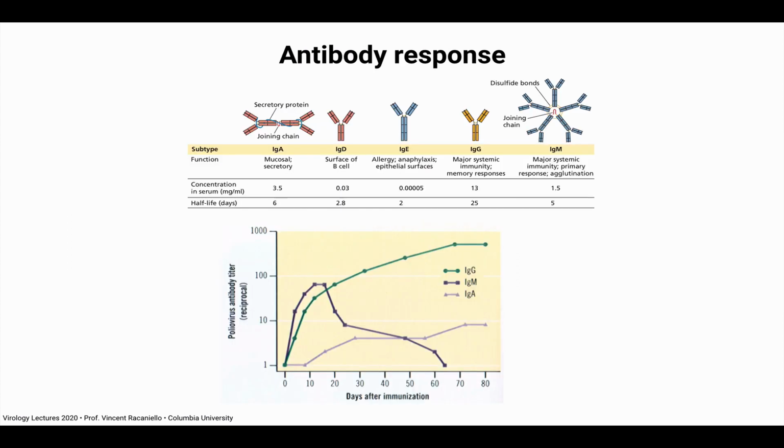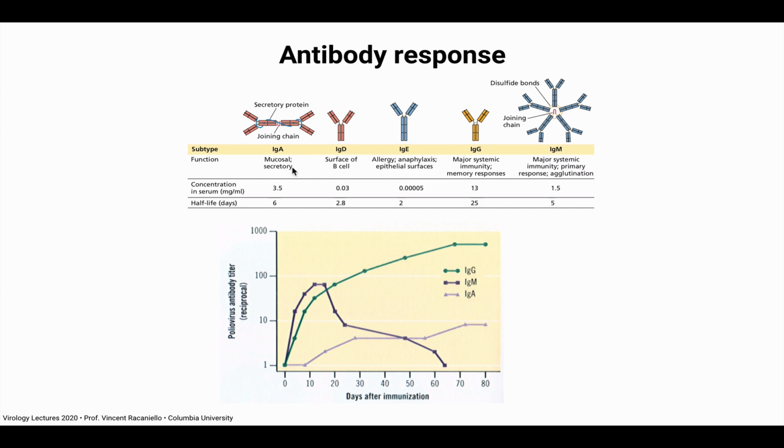There are a number of different kinds of antibodies that we produce, and they're shown here in this lovely diagram. Start here with IgA, which is a typical antibody found in mucosal layers, like mucus is full of it, secretory antibody.